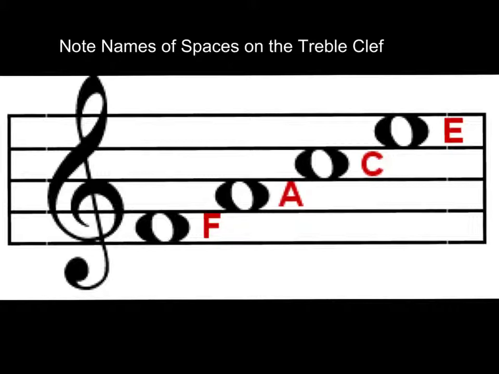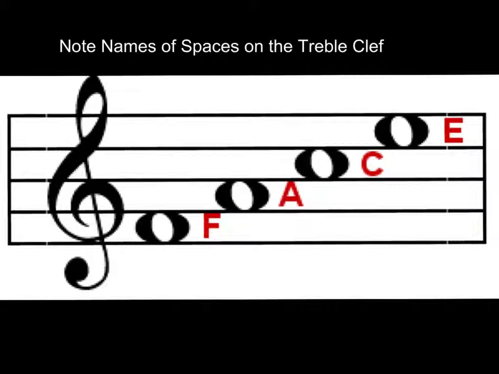Now the spaces on the treble clef are the following. F, first space. A, second space. C, the third space. And E, the fourth space.